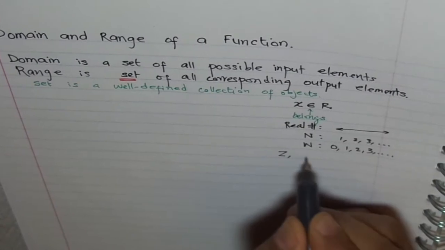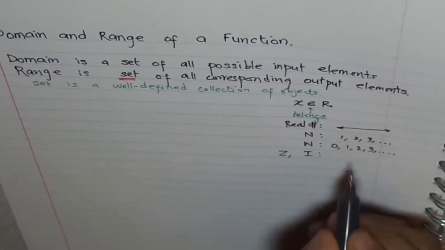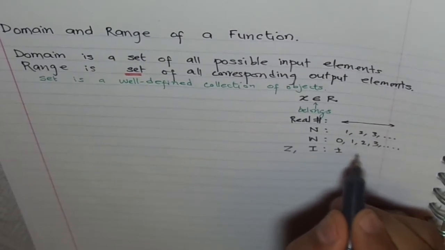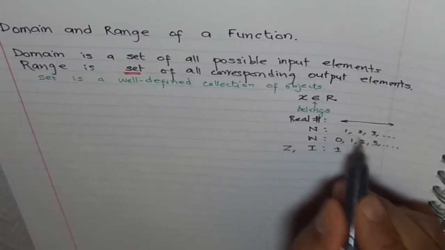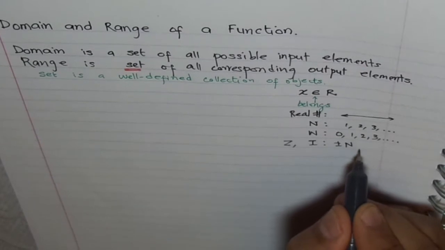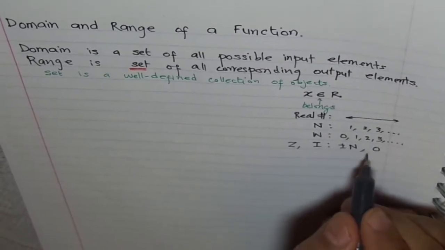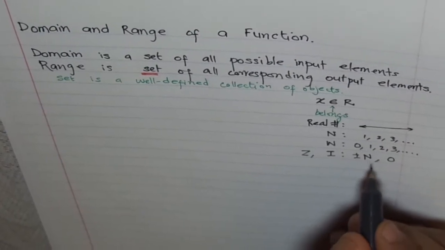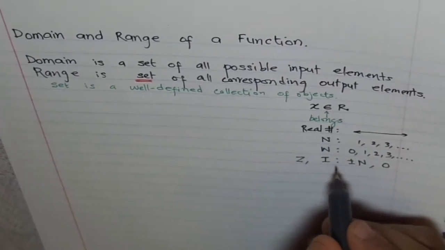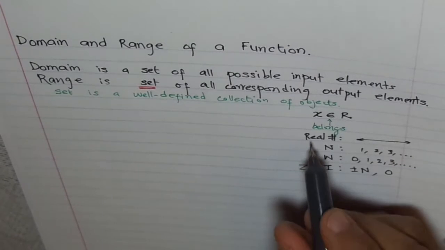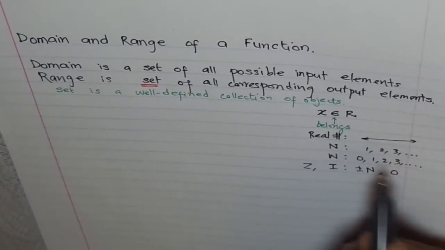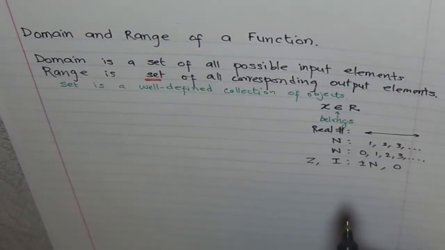Sometimes we represent by Z, sometimes by I. So integers has plus and minus natural numbers, and also 0. So it's a superset of whole numbers and natural numbers. It includes both of them and also the negative numbers. Real numbers include fractions and square roots and all those things, correct? So these are our sets of numbers which we will consider.